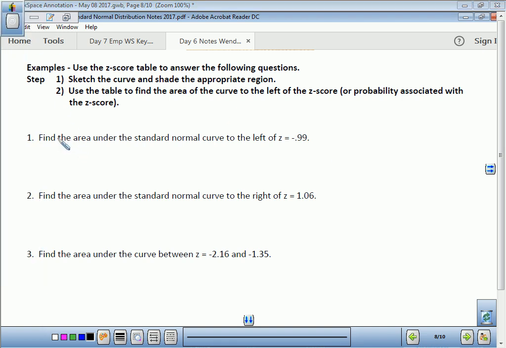So if I ask you to find the area under a standard normal curve to the left of a Z-score equivalent to negative 0.99, if we sketch that out, we know with a standard normal, this is 0. So if I come back and say this is negative 0.99, this is the area to the left of that. So it represents this area.